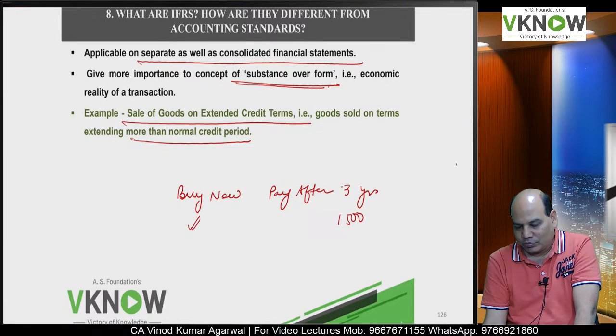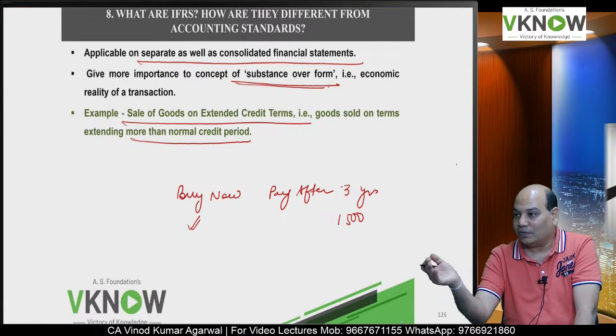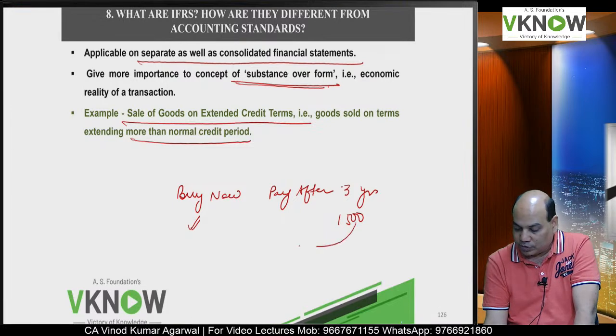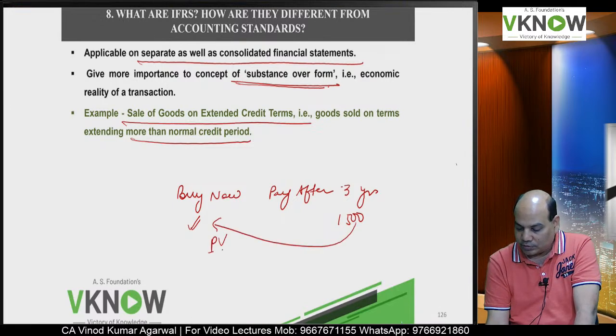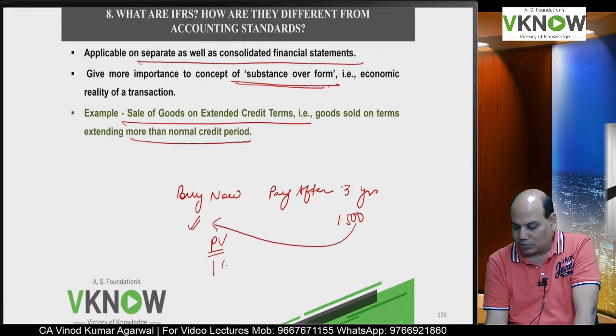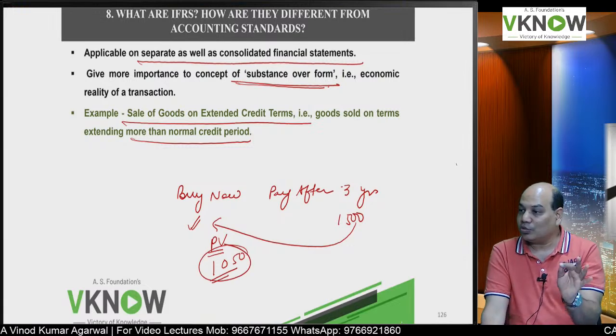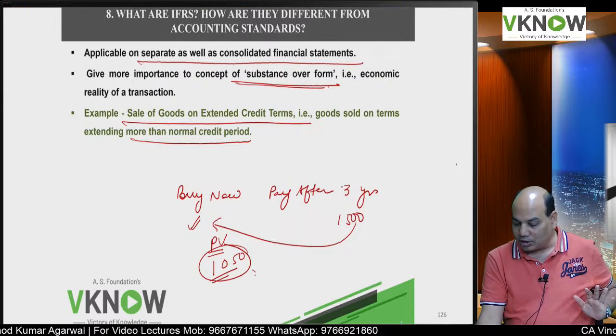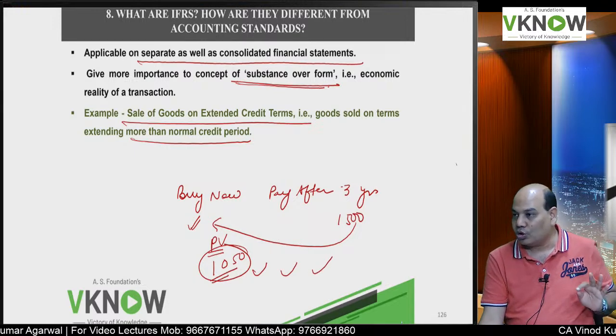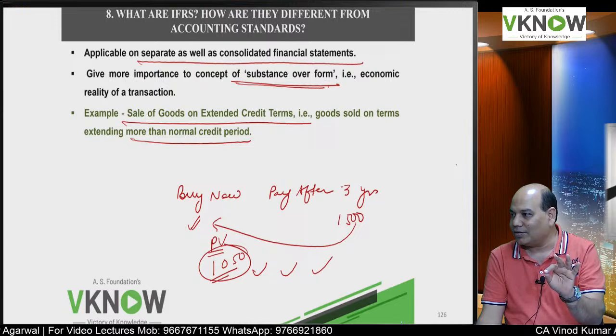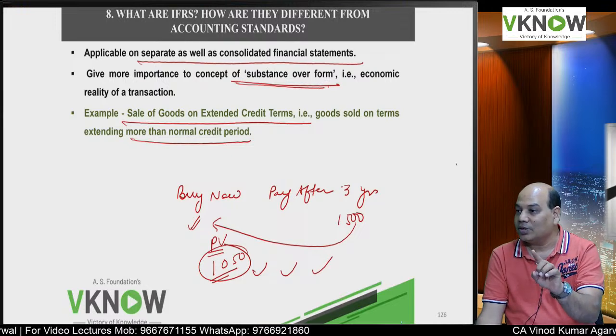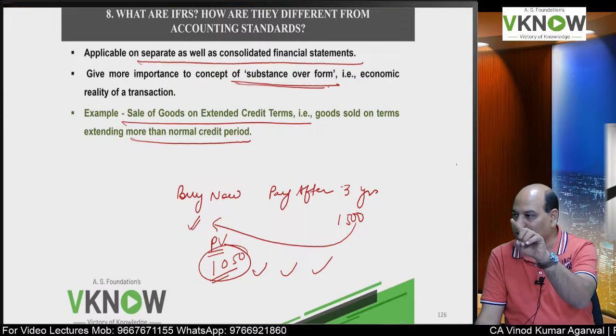Is it right? But if you are an Ind AS or IFRS student, you will say we will first calculate the present value of that. Say the present value comes to 1050. So I will book the sale amount 1050, and then I will calculate interest on the opening balance every year and treat it as finance income or finance expense.